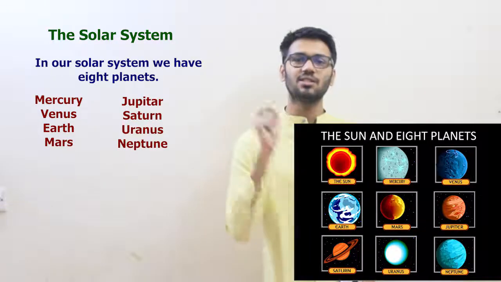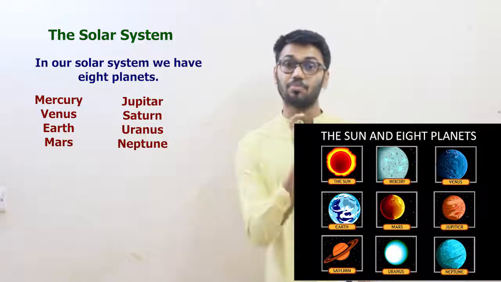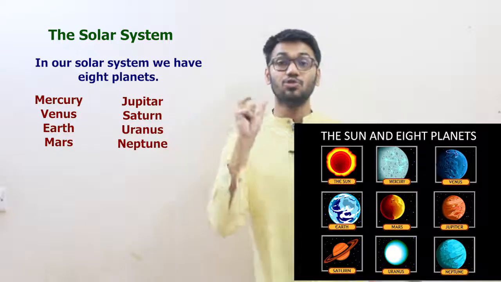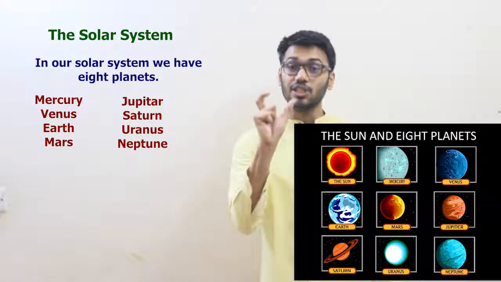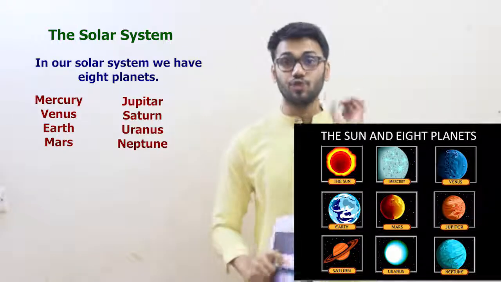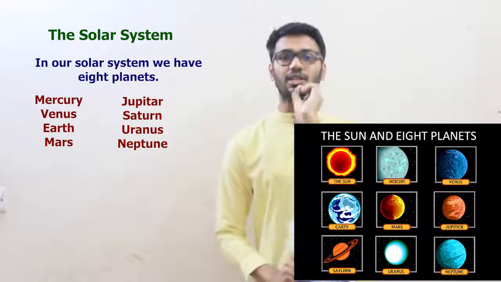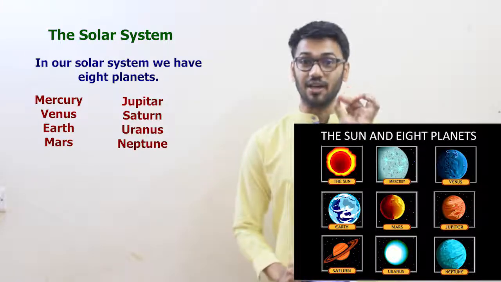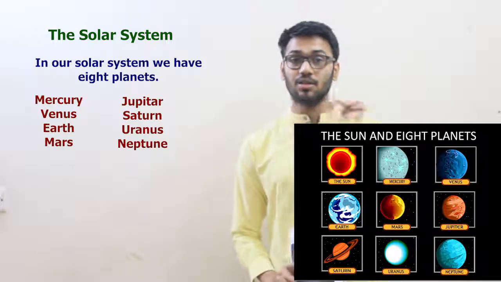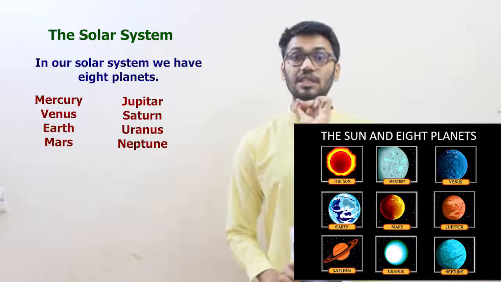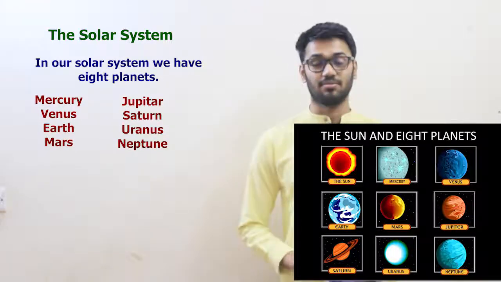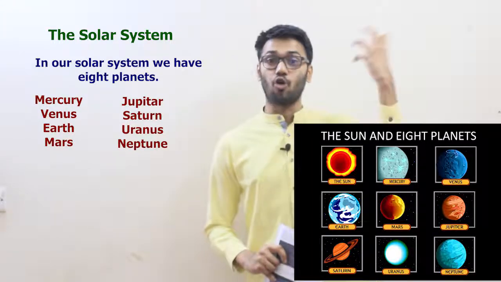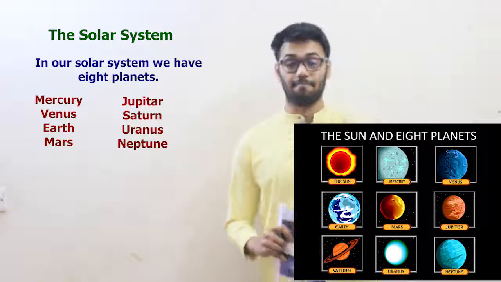Mercury, Venus, Earth, Mars, Jupiter, Saturn, Uranus, Neptune. So these are the 8 planets that are orbiting the Sun.